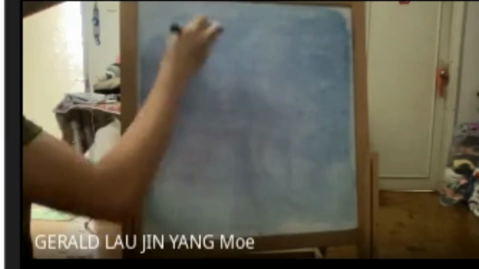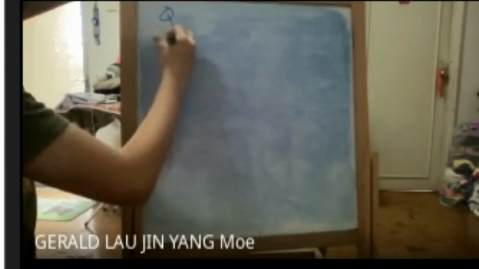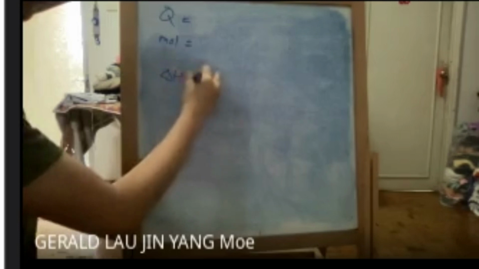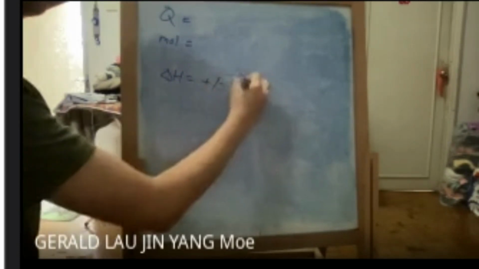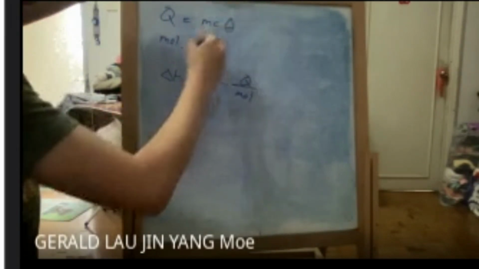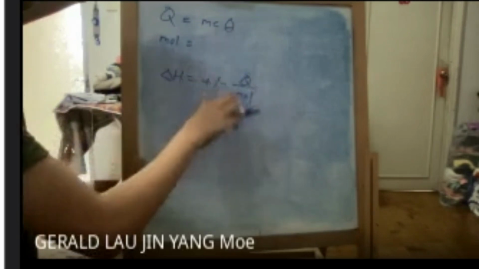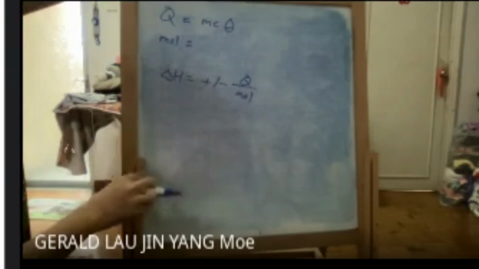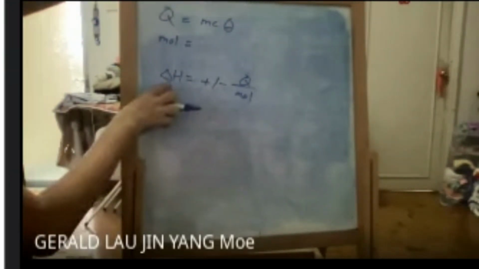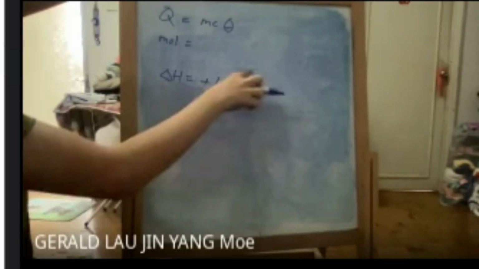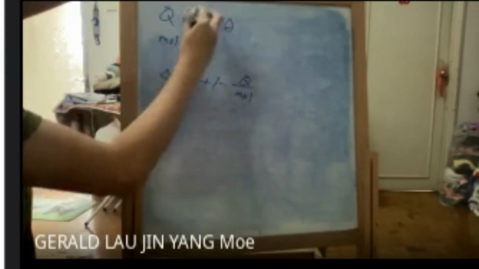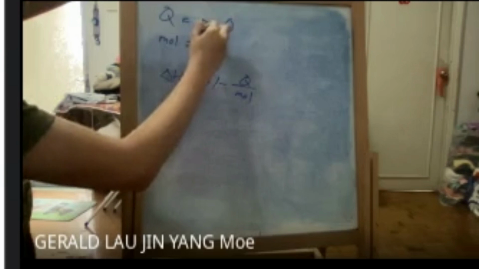For all these heats of reaction, when they ask you to calculate, you just have to calculate the Q and the mole, and then your final answer will be delta H, positive or negative, Q over mole. Q is mc theta. Mole, you calculate by yourself. I repeat: when they ask you to calculate the heat of reaction, you take the heat Q over the mole. Q equals mc theta. m is the mass, c is the specific heat capacity, always given as 4.2.